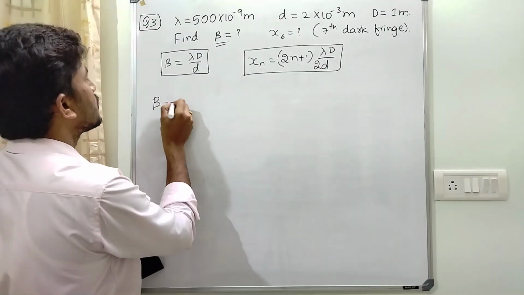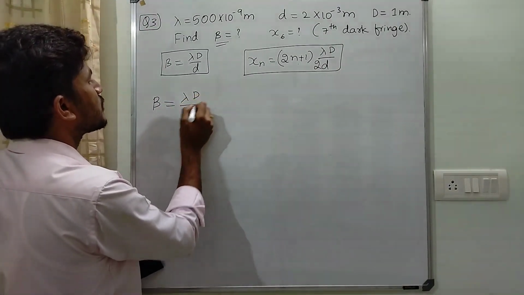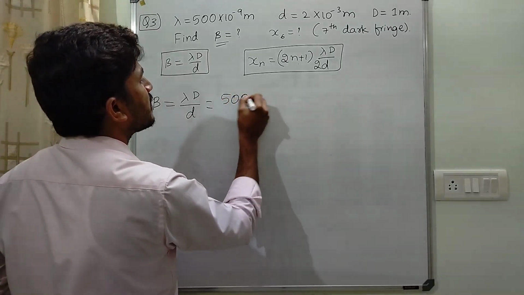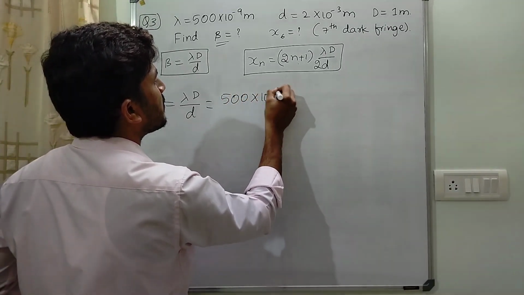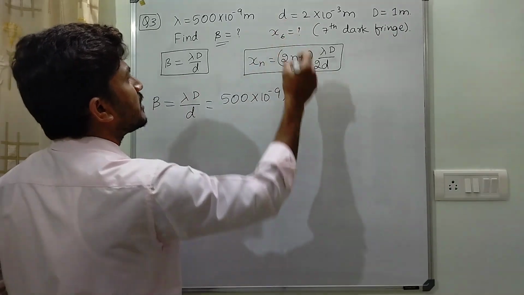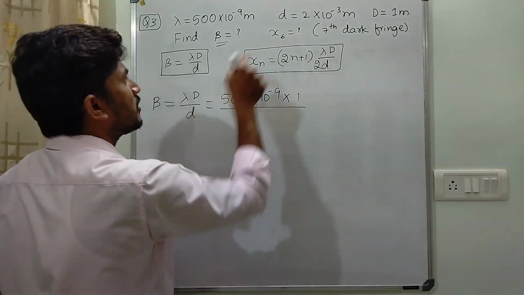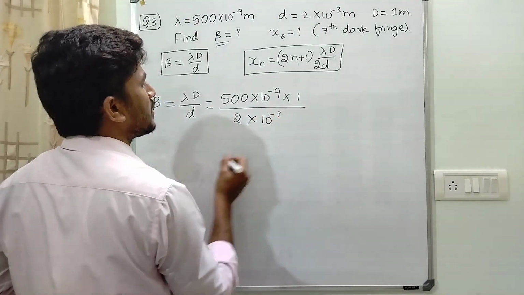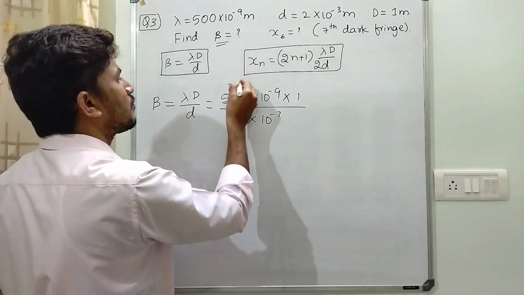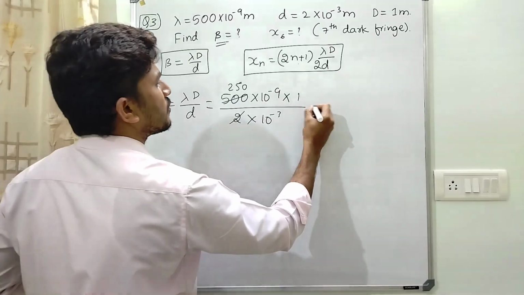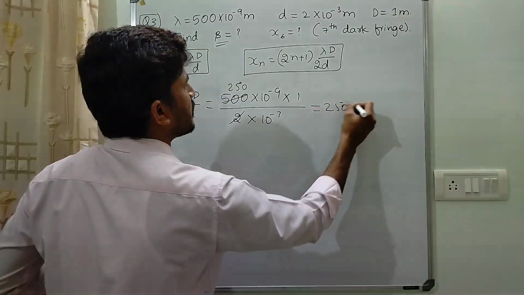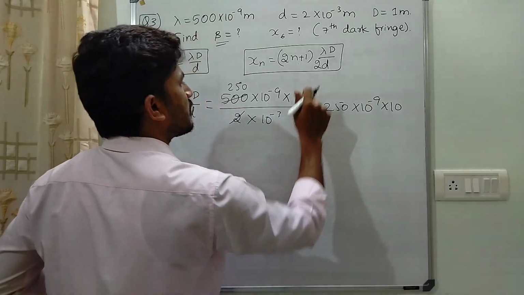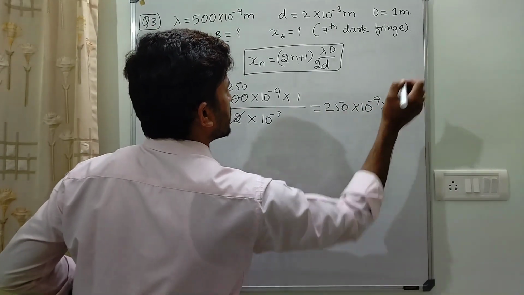That is, beta is equal to lambda D divided by small d. That is equal to lambda value given 500 into 10 to the power minus 9 meter, and capital D given 1 meter, divided by small d given 2 into 10 to the power minus 3 meter. So 250 is 500. That is equal to 250 into 10 to the power minus 9 into 10 to the power minus 3 will go to the numerator as plus 3.